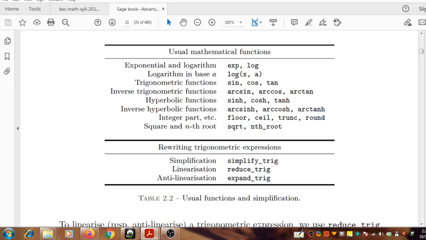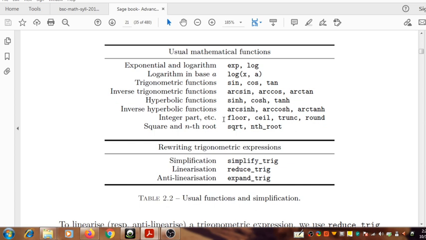Similarly, hyperbolic functions can be written sinh, cosh, and tanh. And inverse hyperbolic functions are arcsinh, arccosh, and arctanh.